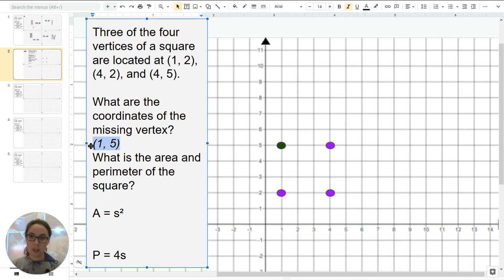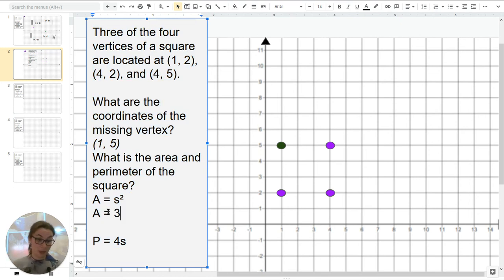The next question is, what is the area and the perimeter of the square? Well, we know how to find the area of a square. Area of a square is you take the side and you multiply it by itself. You technically take 2 sides, but since they're the same, you can write it as A equals S squared. Area equals side squared, which is where we get square from anyway. So area equals, how long are my sides?